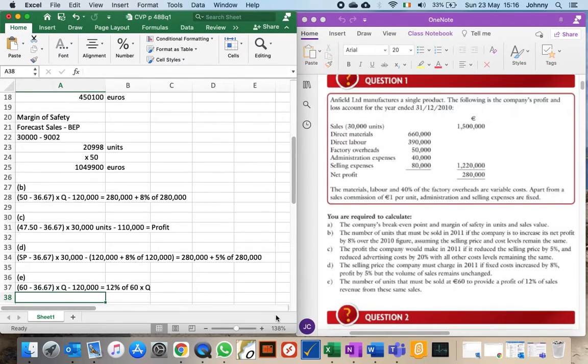So this one can be a little bit tricky for people to work out, so I'm just going to continue on and finish this one off.